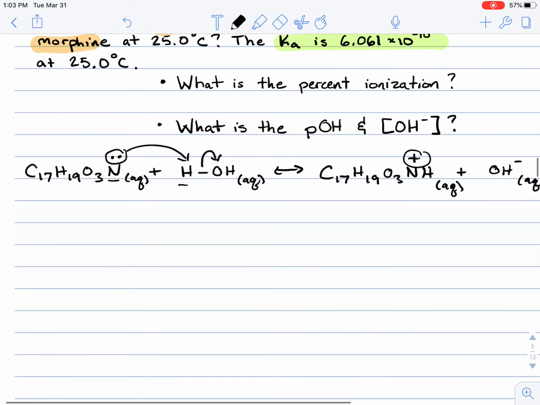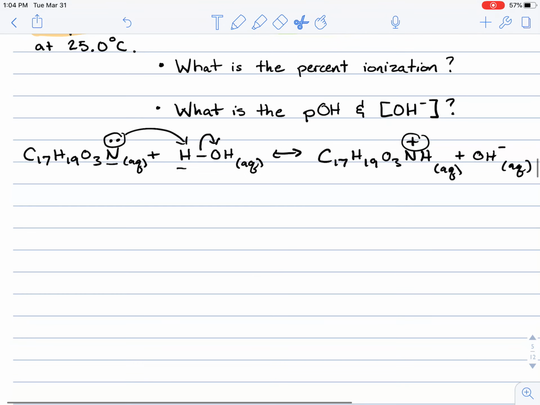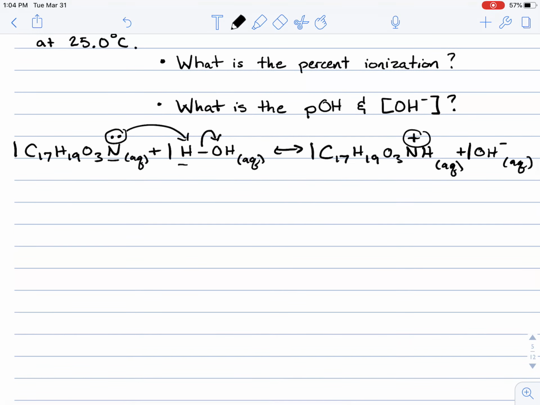Okay. So now that we have, let me move the hydroxide over just a little bit. So now that we have our balanced chemical equation, once again, we're just transferring hydrogens from one substance to another. So in terms of balancing the chemical equation, it's already balanced. So we're going to go ahead and develop our ice table.